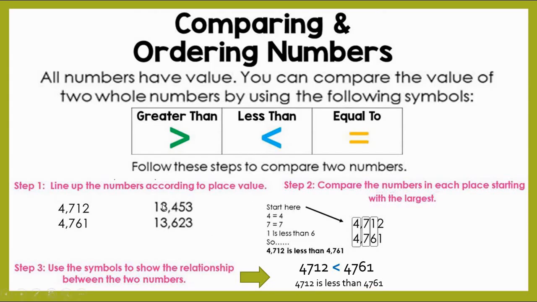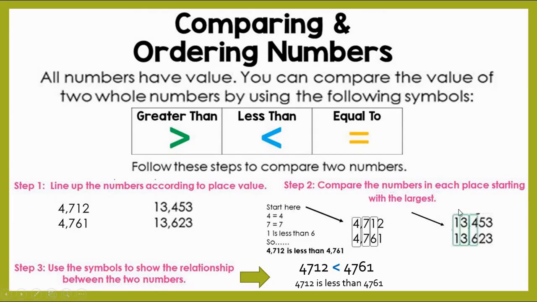Again, the first step is to write them one below the other and then start comparing their digits from the left side. If they are the same, go to the next place. Doing this, when you find the digits which are not the same, compare them.